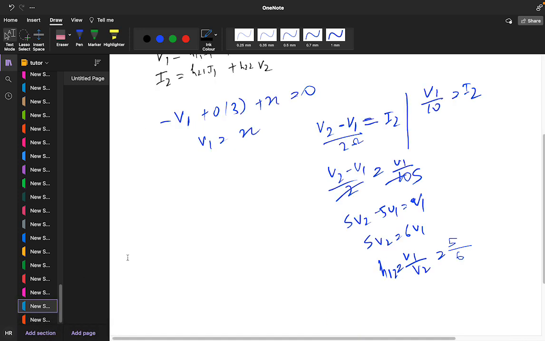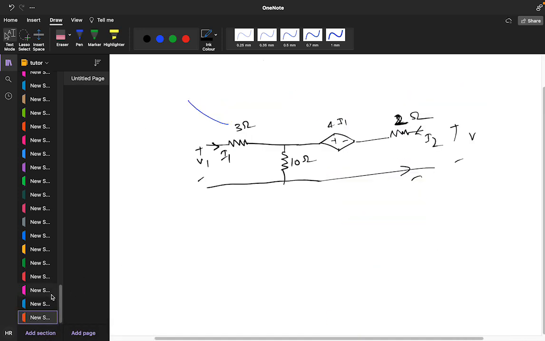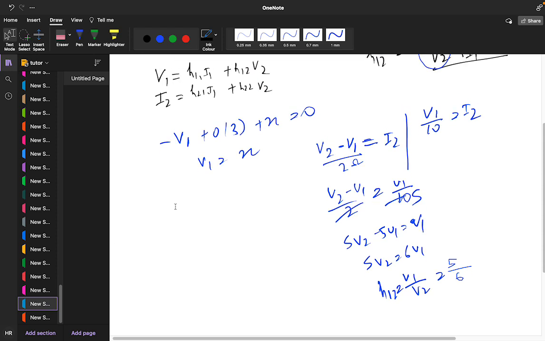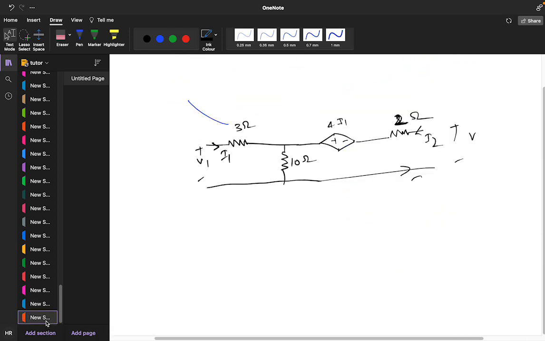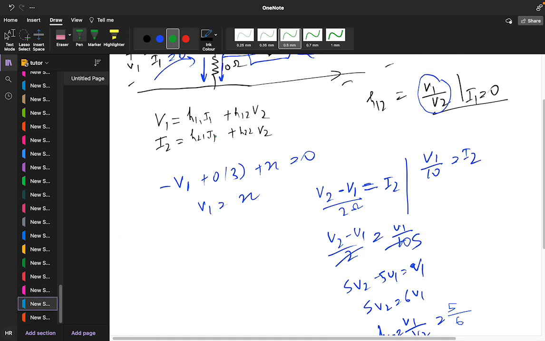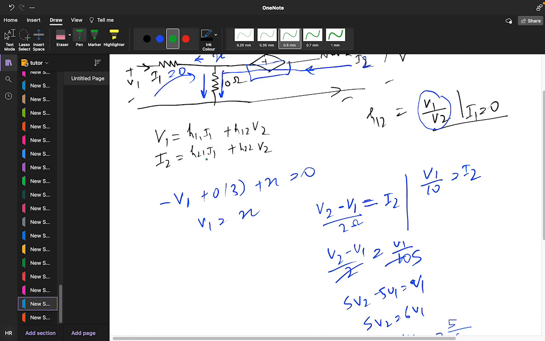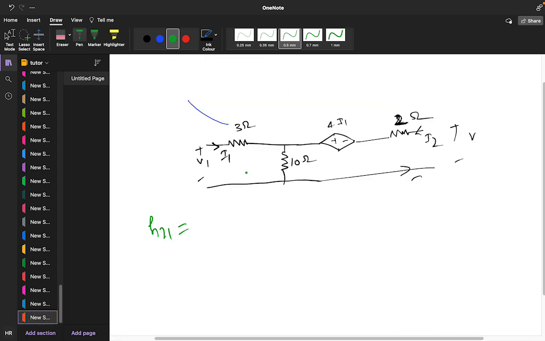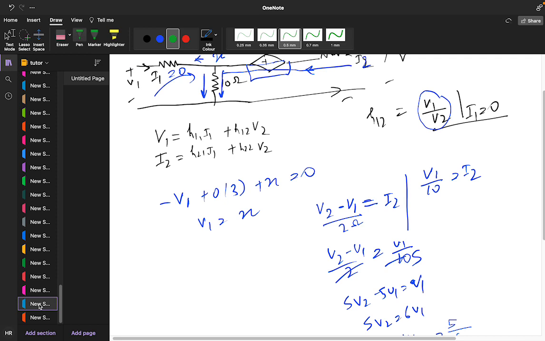to find the value of H21. Okay, so if you have to find the value of H21, what will be the value of H21? H21 is representing what? I2 by I1 while making V2 equal to 0.